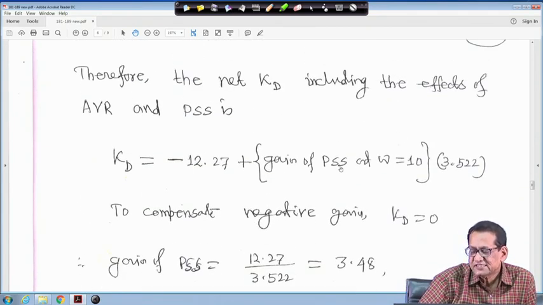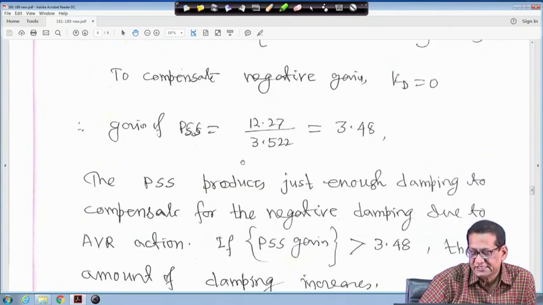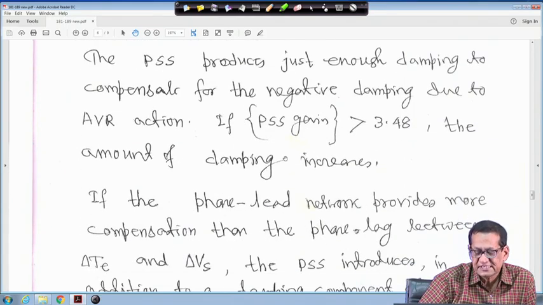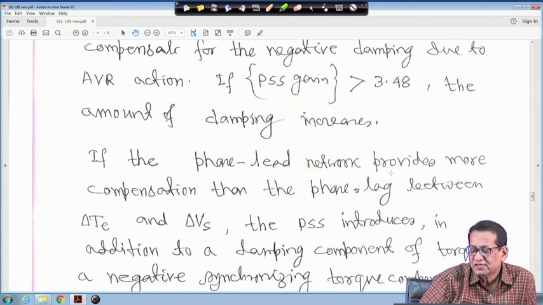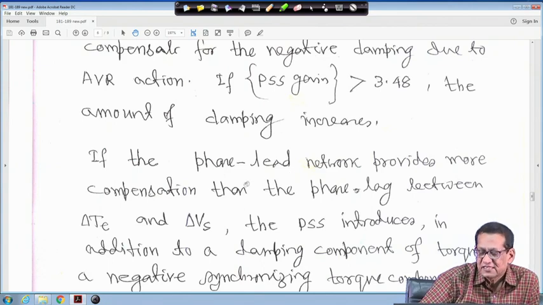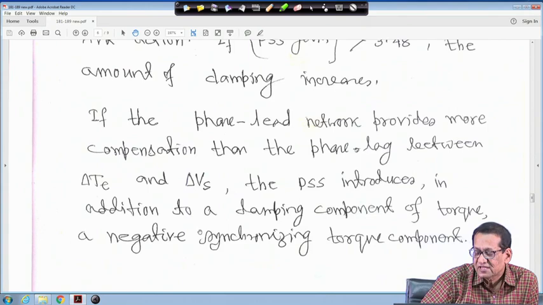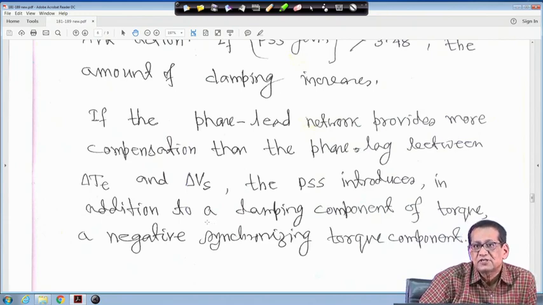If the phase lead network, later we will see a little bit of the transfer function of the phase lead network, provides more compensation than the phase lag between delta Te and delta Vs, that is the output signal of the stabilizer, the PSS introduces, in addition to a damping component of torque, a negative synchronizing torque component also.